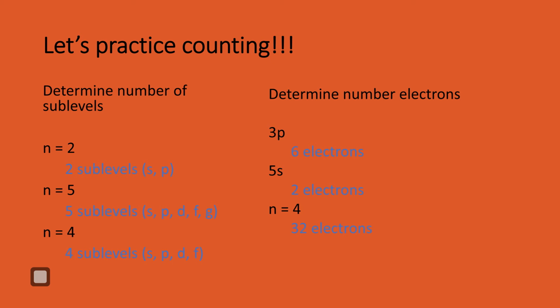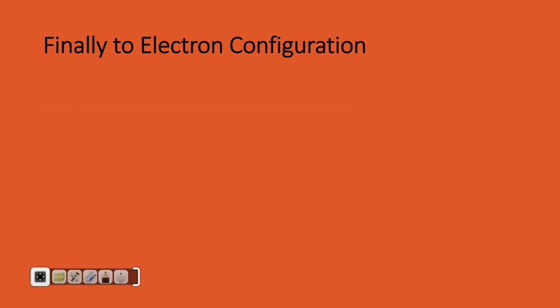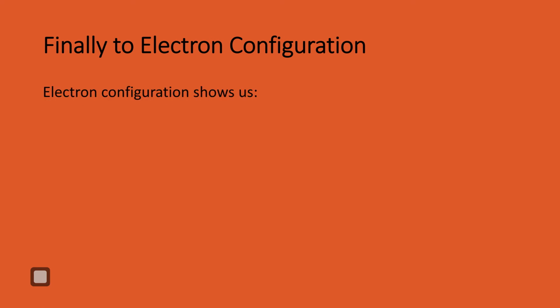If I give you something more specific, with the principal energy level and then the sublevel, I use the sublevel to tell me the answer because I'm being more specific. Okay? Oh, I have one more. N equals 2. 2 times 2 squared. 2 squared is 4 times 2 is 8. Okay? All right.